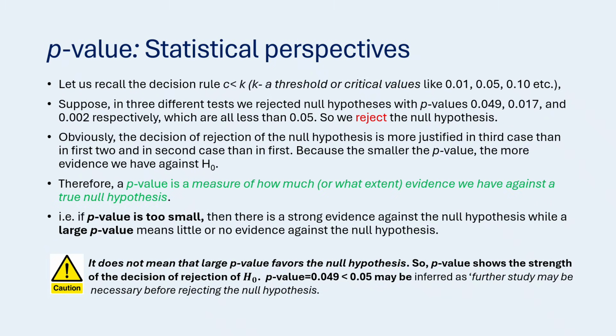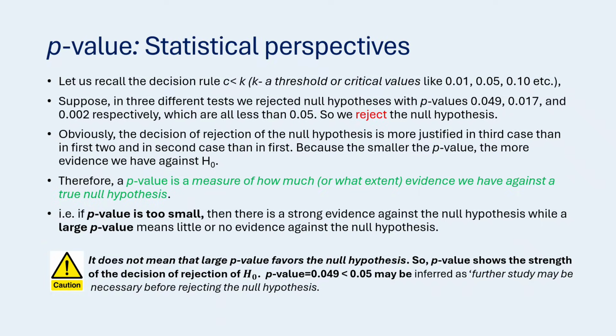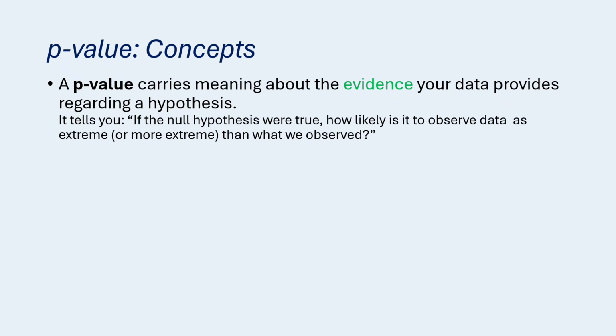The p-value shows the strength of the decision of the rejection of H naught. So if p-value is 0.0494, which is very close to 0.05, but still less than that, we may say that further study may be necessary before rejecting the null hypothesis. This is where statisticians have to take care. Even business people and consultants should also be careful while interpreting the p-value.